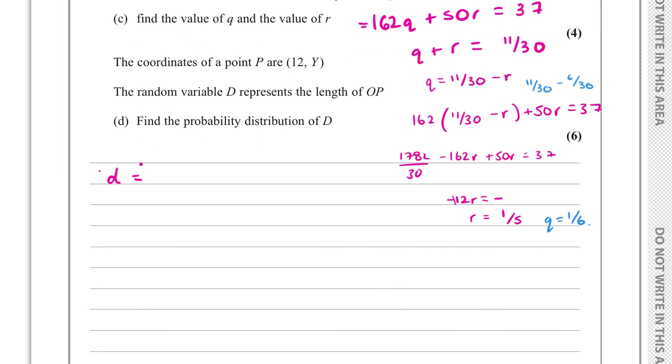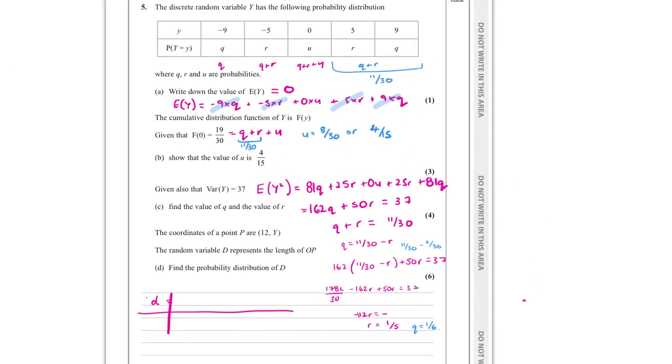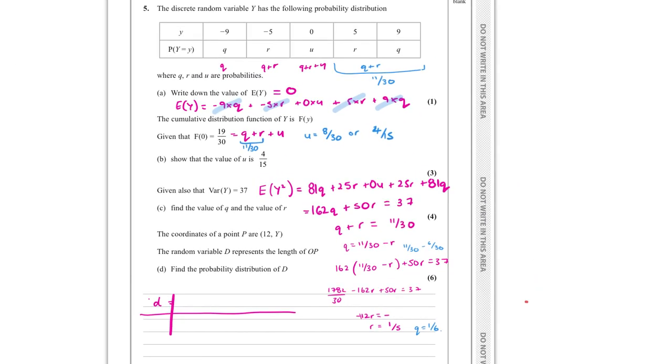If we think about our d, what do we have? Well, our y is 0, 5, or negative 5.